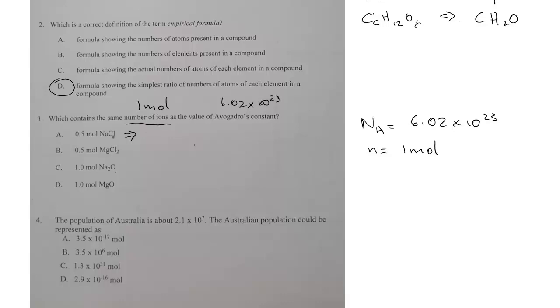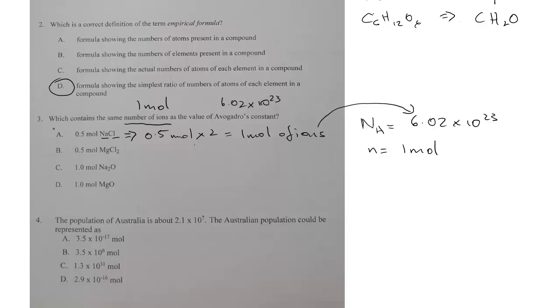If we look at sodium chloride, it actually has 2 ions in it, sodium and chloride, and we take 0.5 mole and we're going to times it by 2 because there are 2 ions, which gives us 1 mole of ions. 1 mole of ions means Avogadro's constant, because we know that 1 mole is the same as Avogadro's constant.